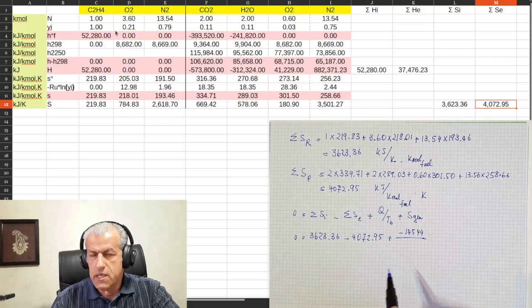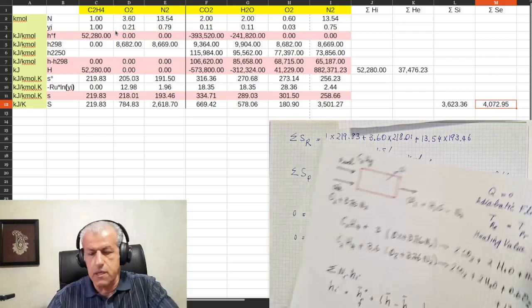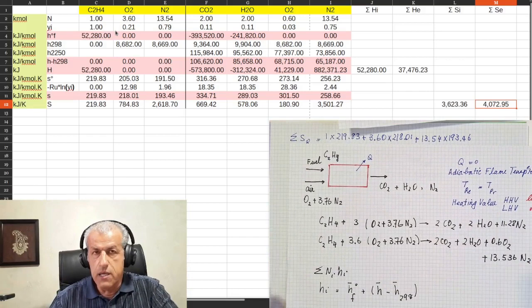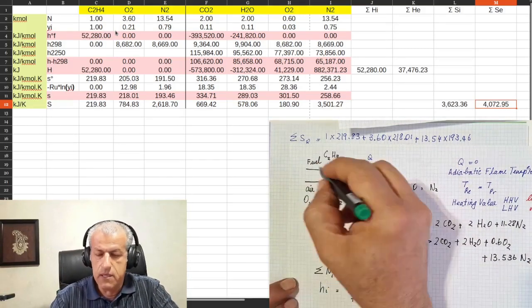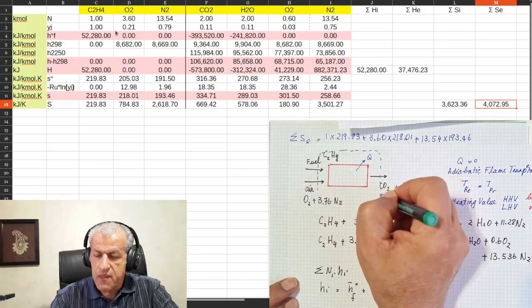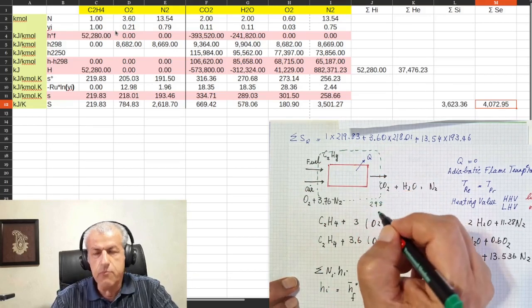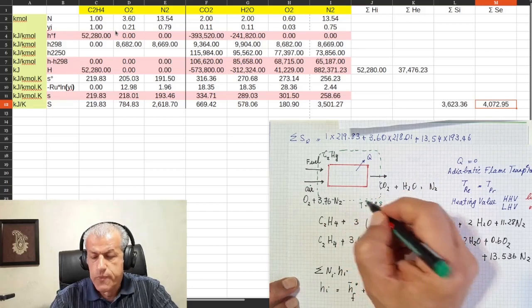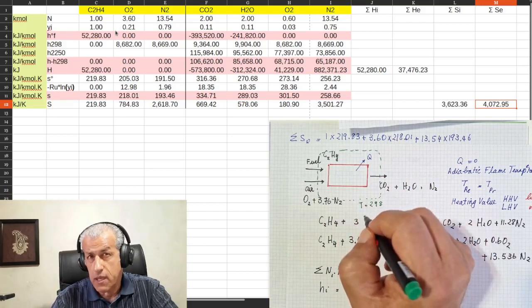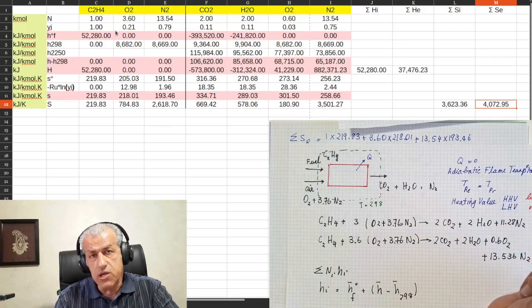But what is the temperature of the boundary of this combustion? You see, in some books, it's written that this temperature is 298. What they have done is that they have calculated it for a boundary away from the combustion chamber, that is 298. And by taking this boundary, they have accounted for two entropy generation mechanisms.